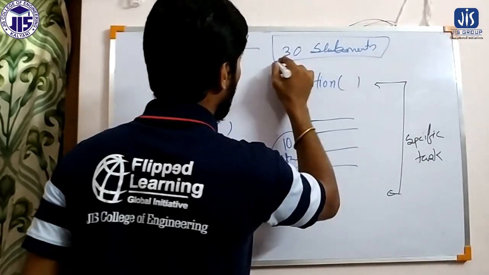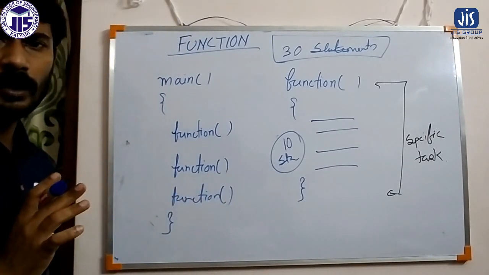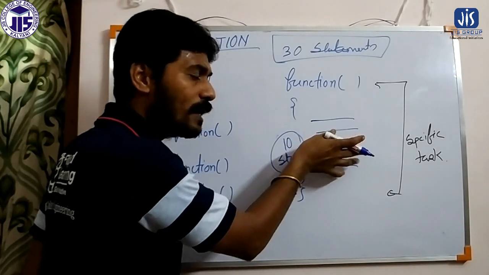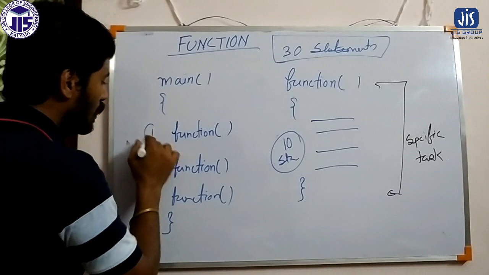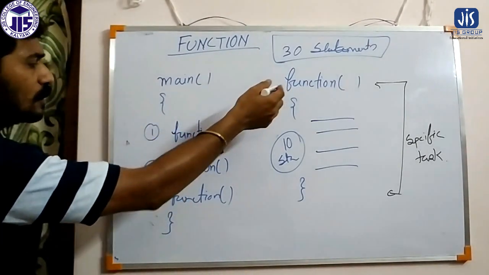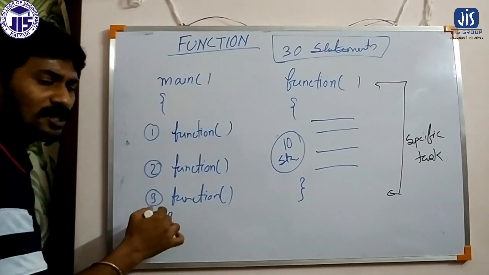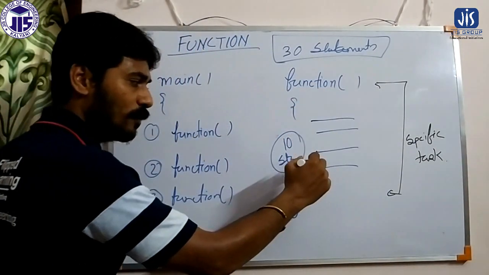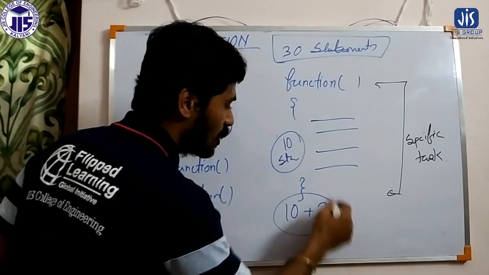Now if we use the concept of function, we write these 10 statements separately, and to call the function we use 3 statements, one each time it is required. So in total there are 10 statements to perform the task and 3 statements to call the function, so 13 statements are required.